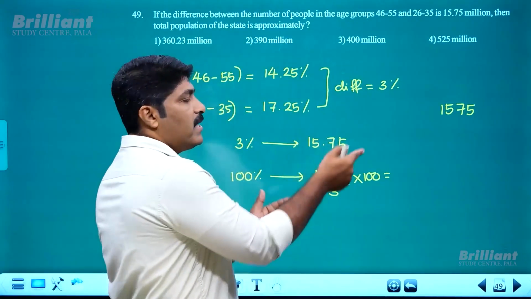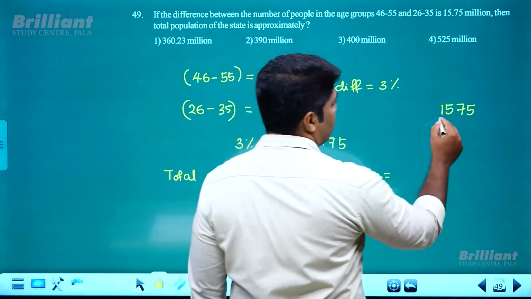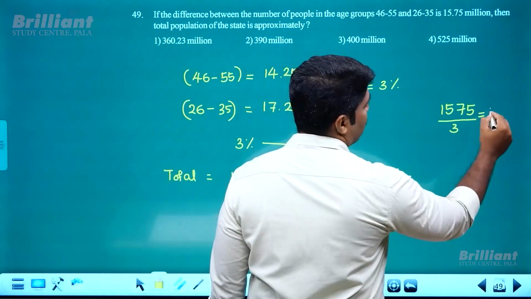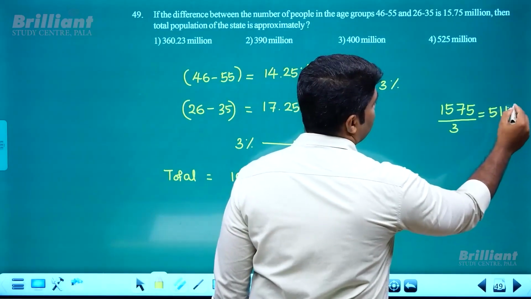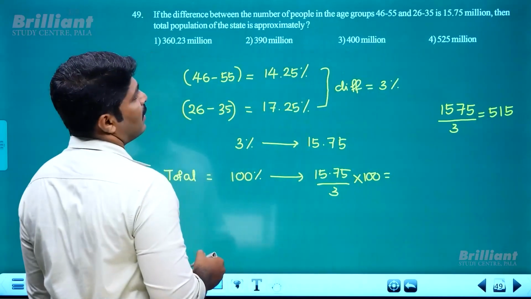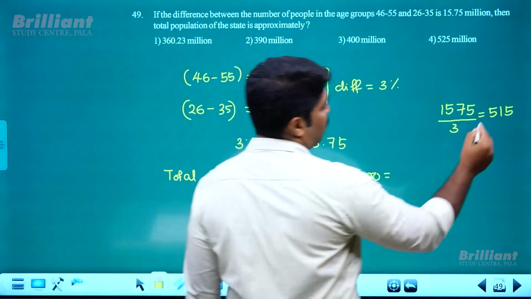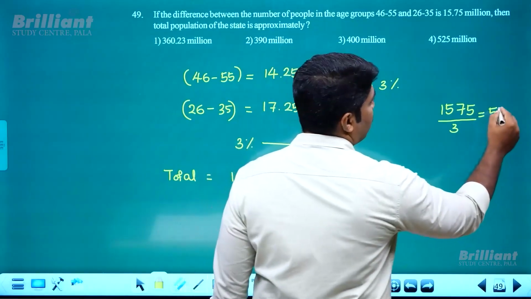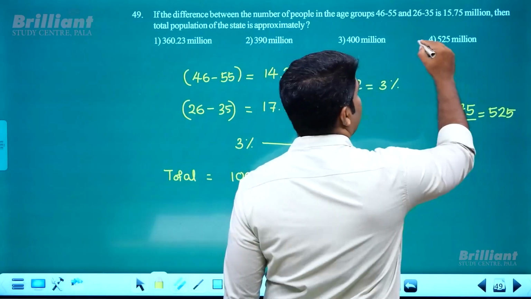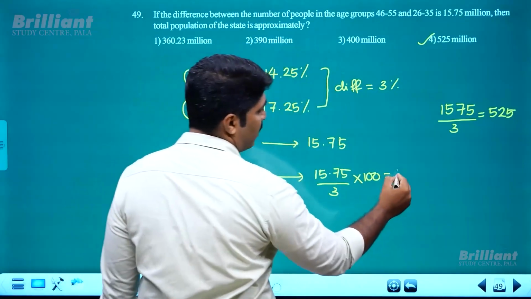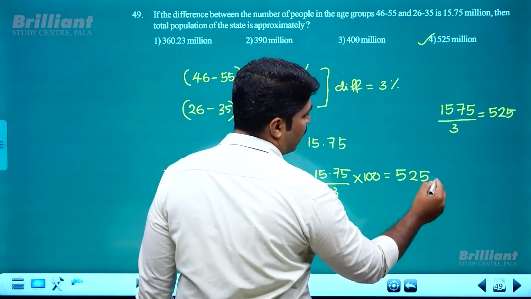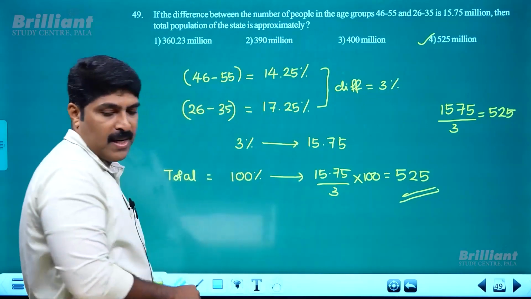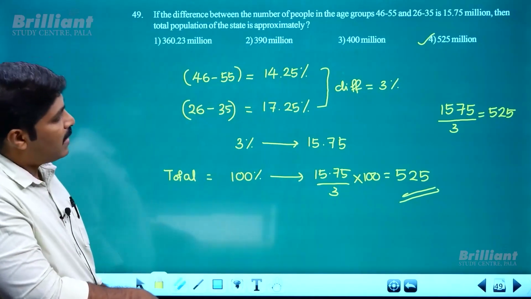We can remove that decimal. Divided by 3. So this is equal to 525. So therefore the answer is option 4. This value is 525 million. Got it? Like this way we can easily reach the conclusions.